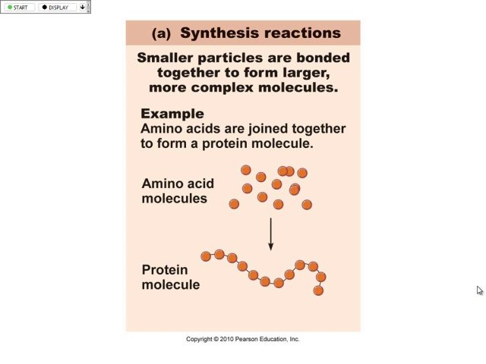Yes? Is that the only kind of chemical reaction I can have? No. Sometimes I can take AB and I can do something to it and I can break it apart into A plus B. So we have to know some of the terms when we discuss chemical reactions because, believe it or not, we're going to talk about them a lot this semester.